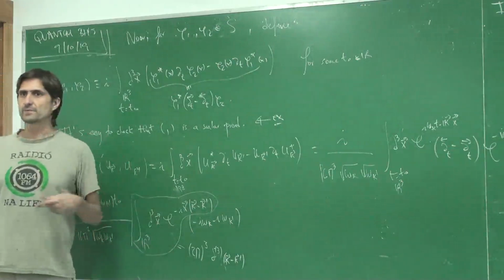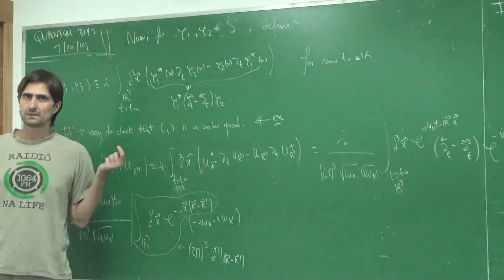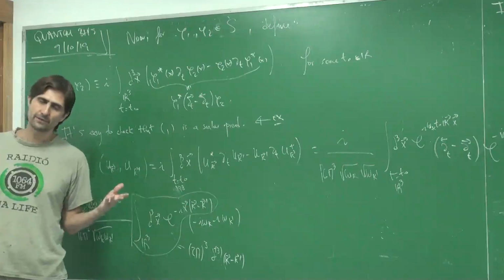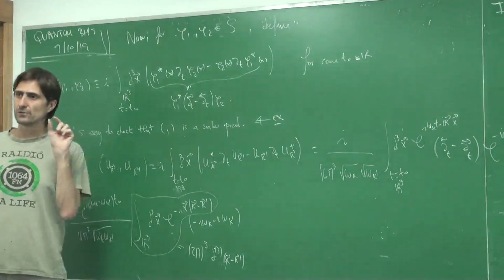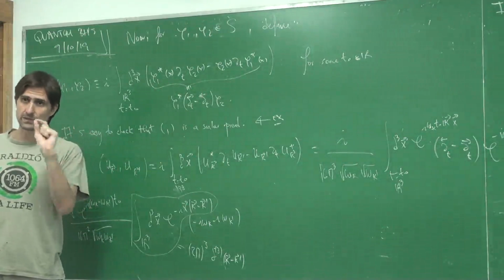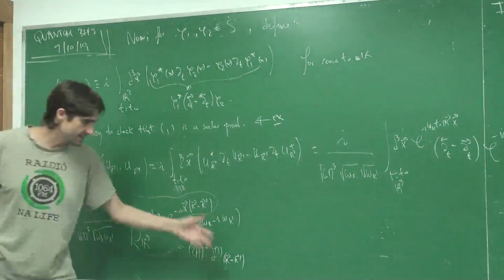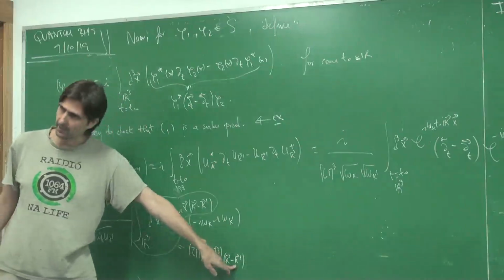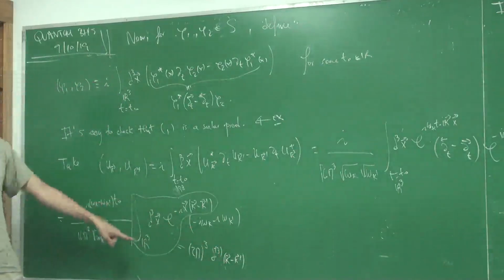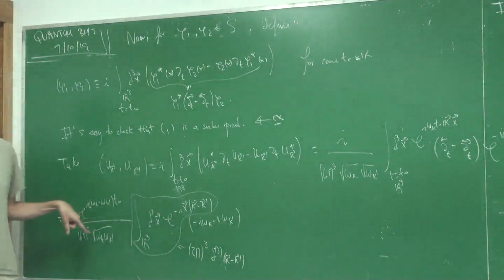If you have a function of x times a delta of x, you can set x equals 0 in that function. In this case, this means k equals k prime, so we can set k equals k prime everywhere the factor is relevant.